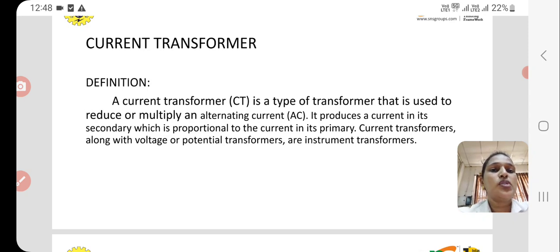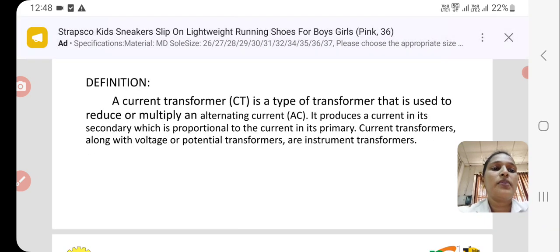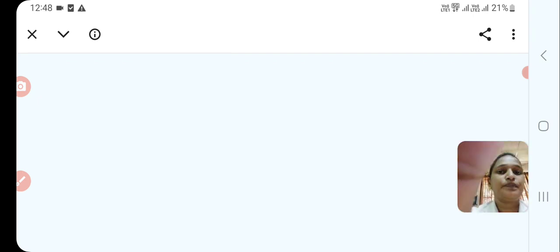For that purpose we use current transformers. It is not a full-fledged transformer used for power transfer. These CTs and PTs are called instrument transformers, and they are basically measuring devices.